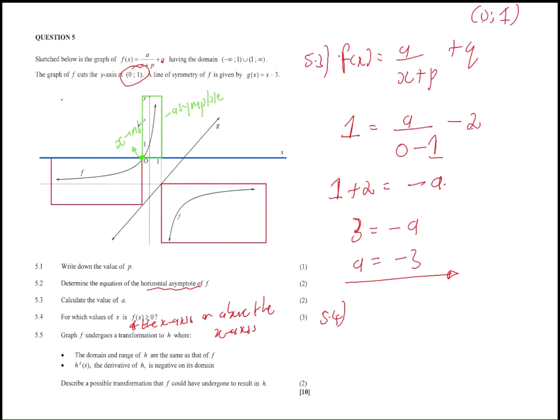An x-intercept. So how do we calculate the x-intercept? For the x-intercept, we know that we have to make y 0. So we want to take this equation now. This is f of x is equal to, so let me erase here.